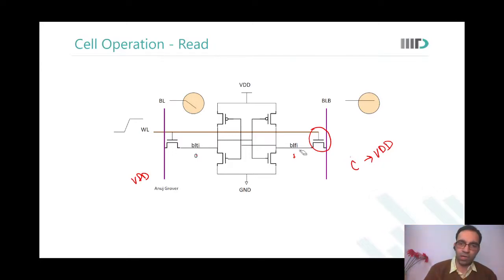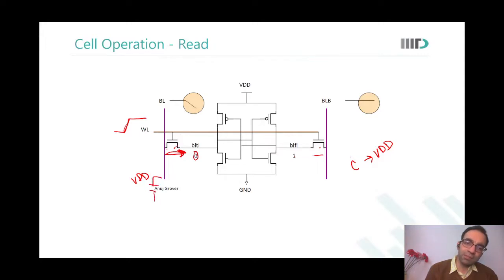Okay. Now, when we turn the word line on, what happens? These are NMOSs. They will turn on. When they turn on, there was a 0 stored on this side, so this NMOS will now start to conduct some current. Will there be any current on the other side? No. Both sides are VDD. So some current will start to flow from here.